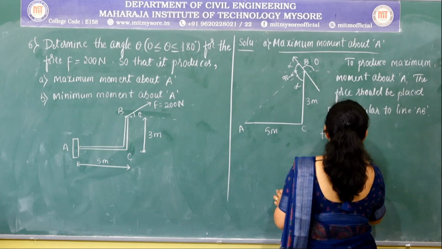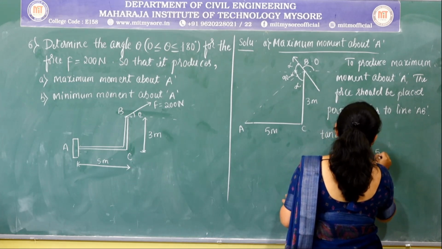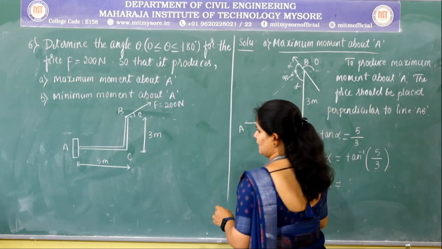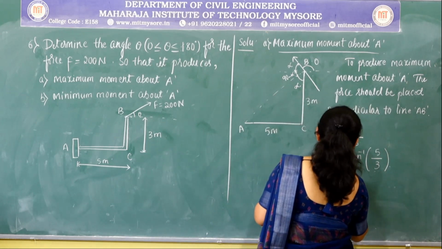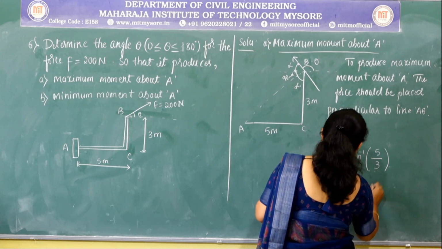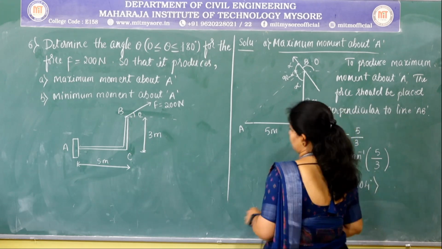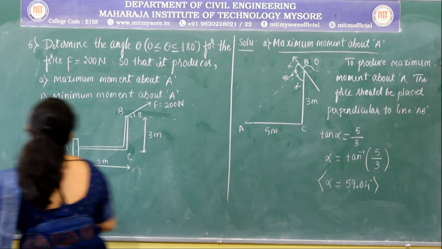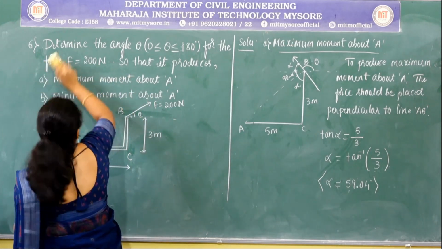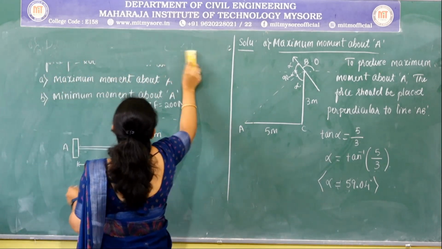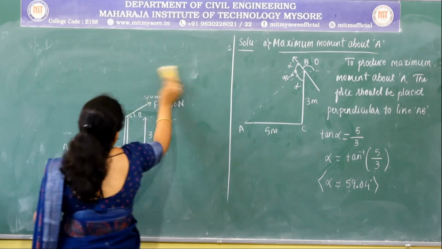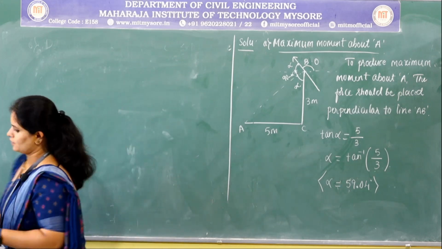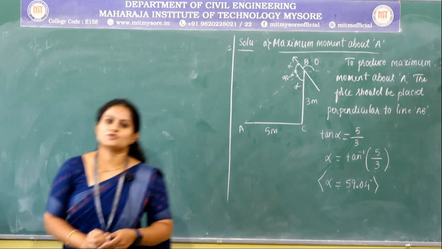So, alpha will become tan inverse of 5 by 3. So, therefore, alpha is equal to 59.04 degrees. So, I got the value of alpha now.